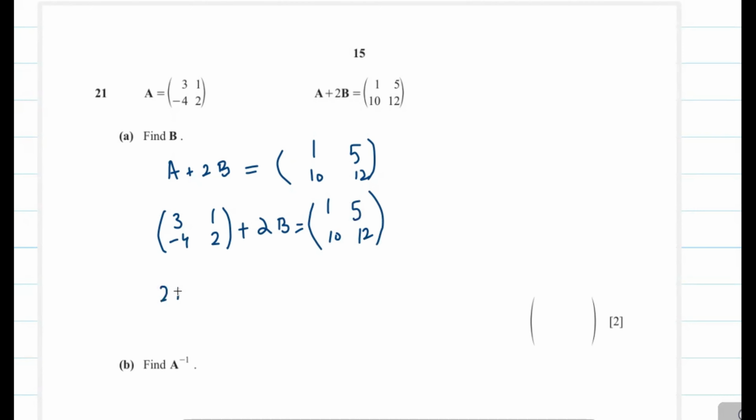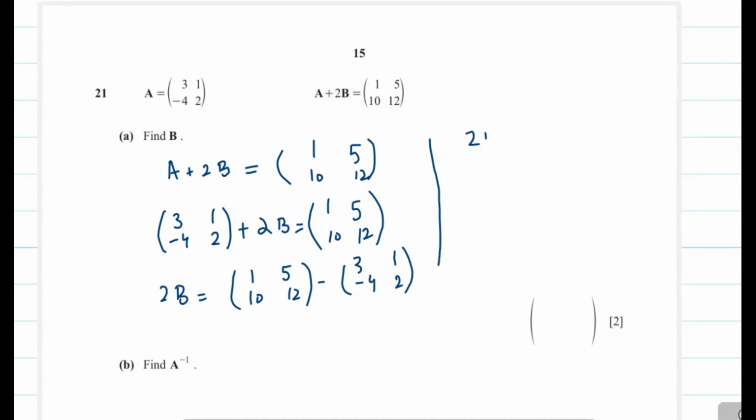Therefore, we get 2B will be equal to [1 10; 5 12] minus [3 -4; 1 2], and the value will be 2B equal to: 1 minus 3 is minus 2. 5 minus 1 is 4. 10 minus 4.